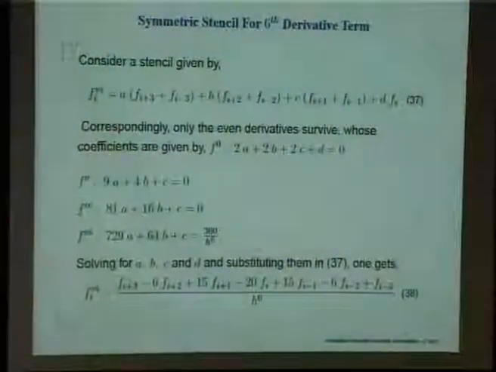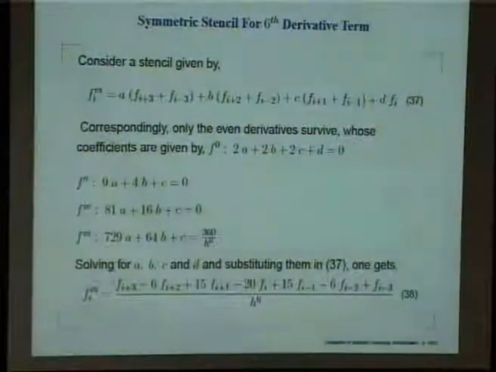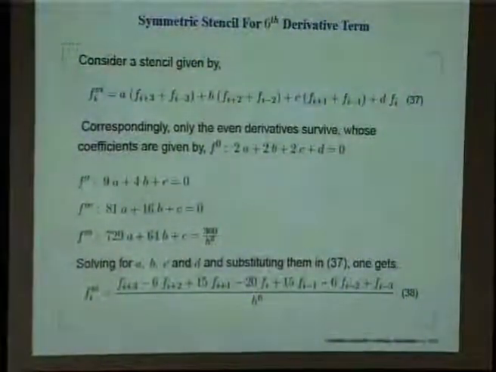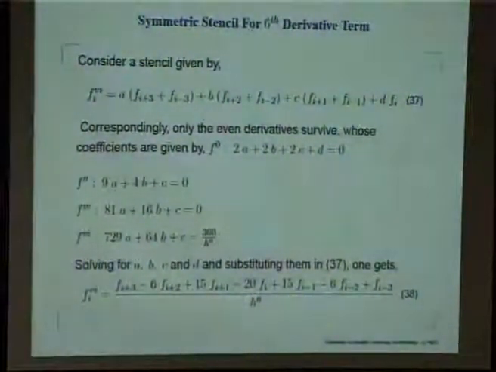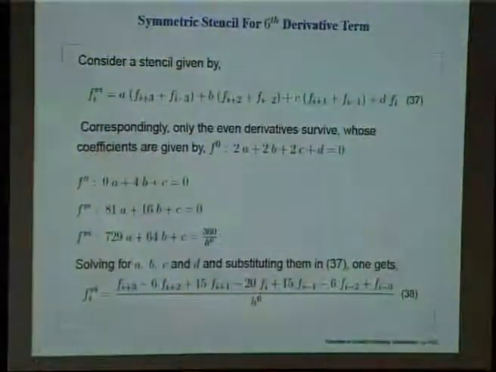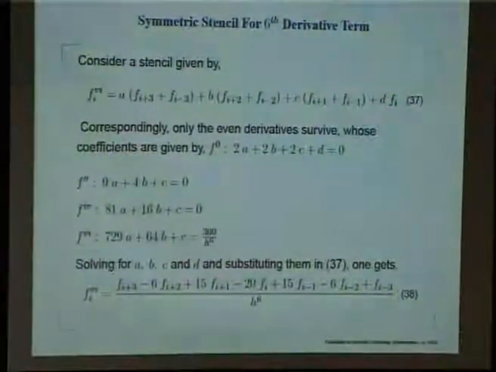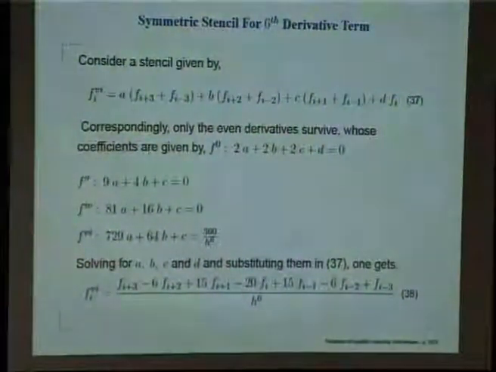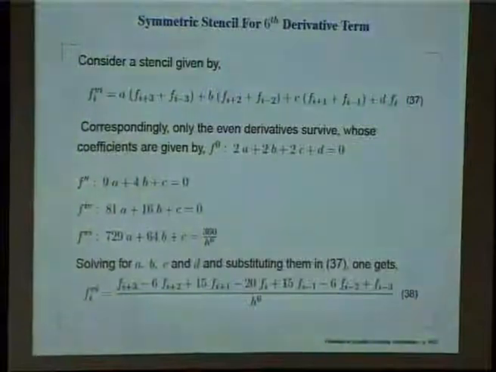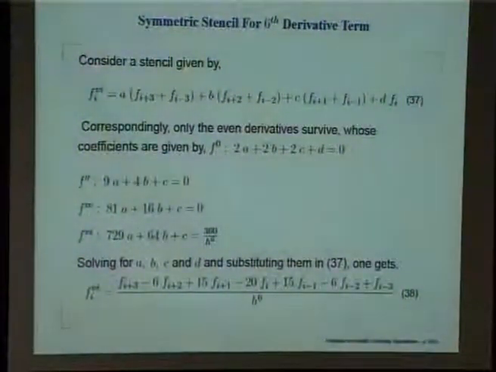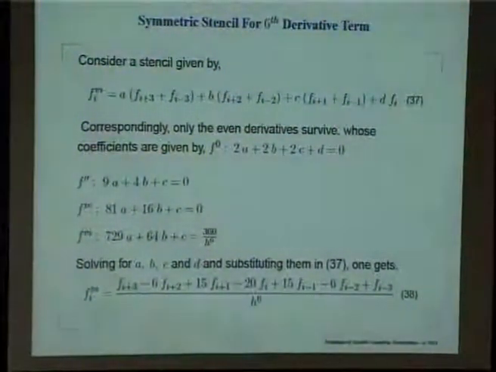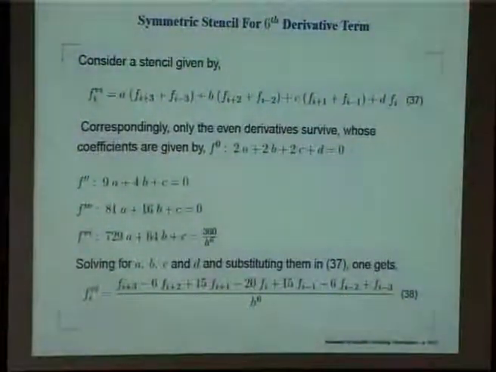Now, 6th derivative means it is an even derivative. So, if I want to write a symmetric stencil, what should I do? I would again club them, and not only the points should be there, they should also be in equal proportion. So, if I have f I plus 3 and f I minus 3, look at their coefficients.